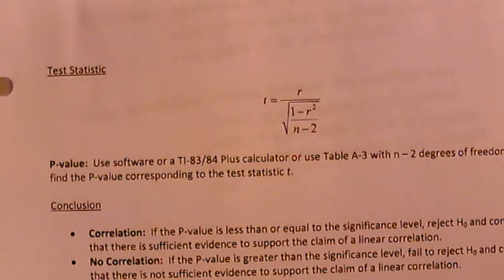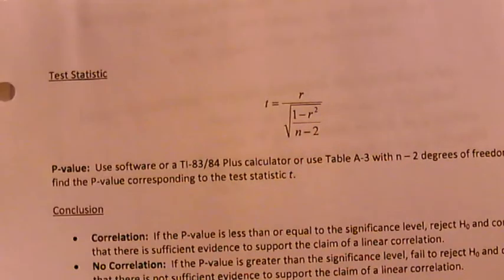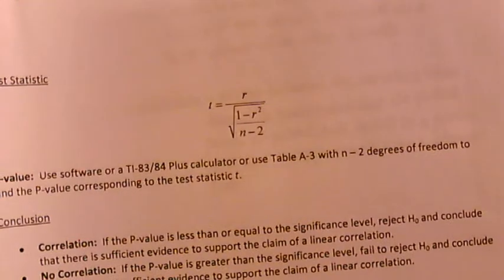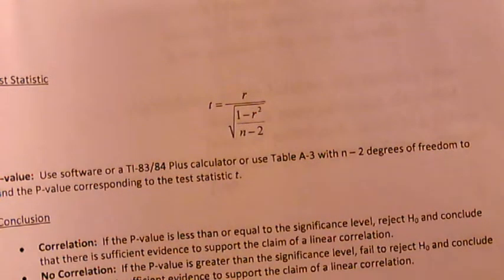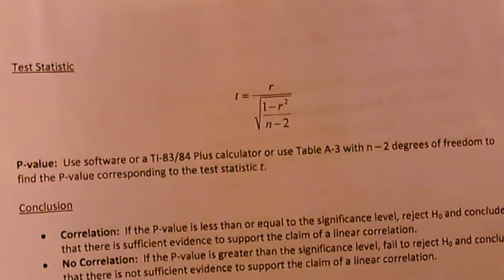But in this case, your graphing calculator, your TI-83 or 84 Plus calculator, will give you the test statistic, which is t. Not only that, it will also give you the p-value as well.